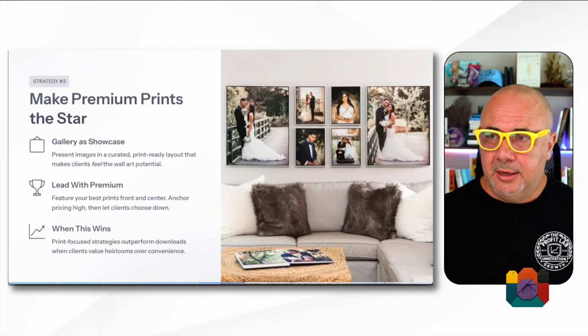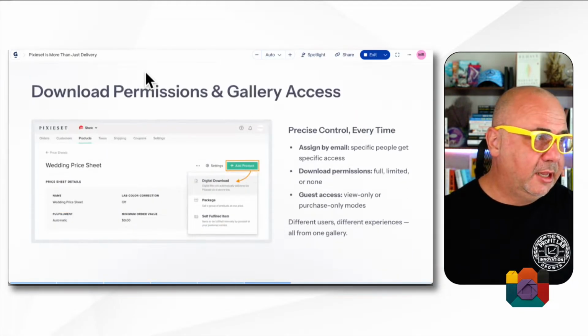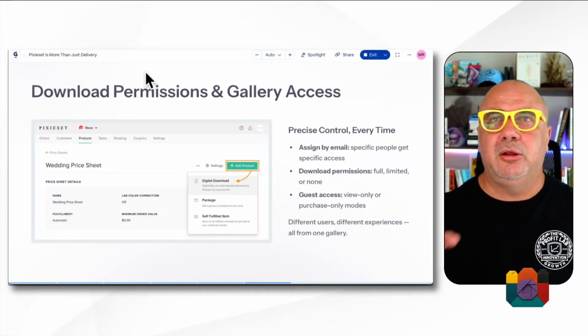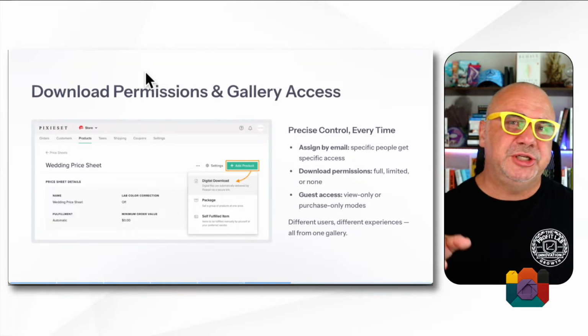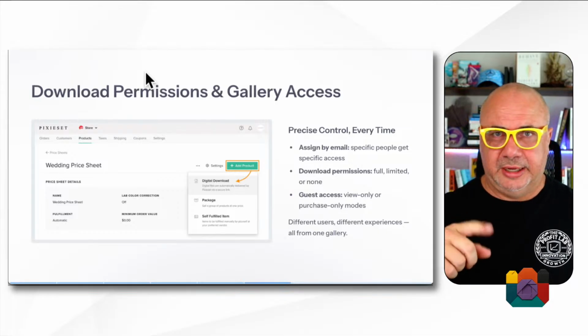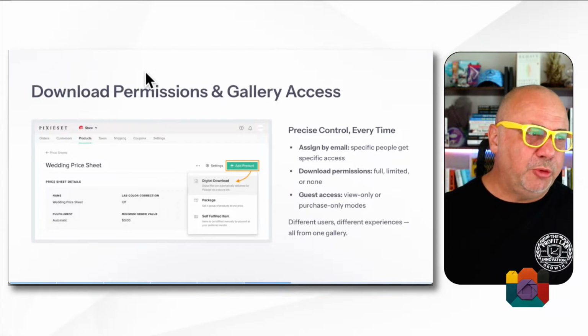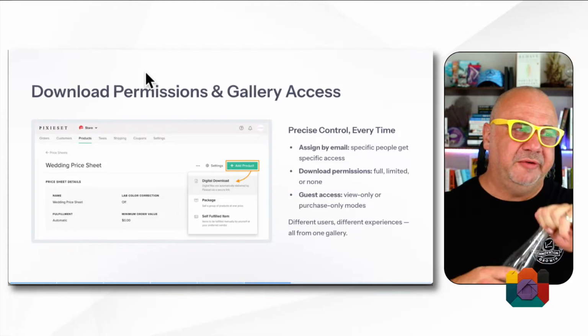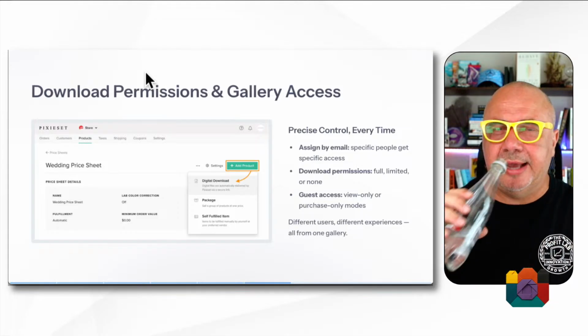And then next thing is download permissions and gallery access. Let me go through the screenshots that I have here, and then I'm going to walk you through the actual demo inside. So, precise control every time. You can assign by email where specific people get specific access.